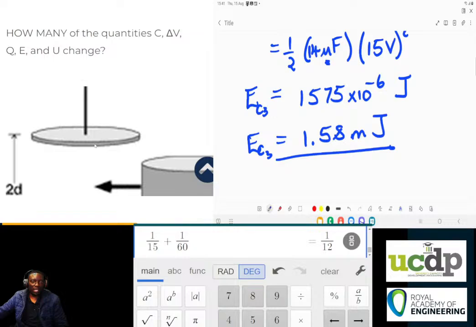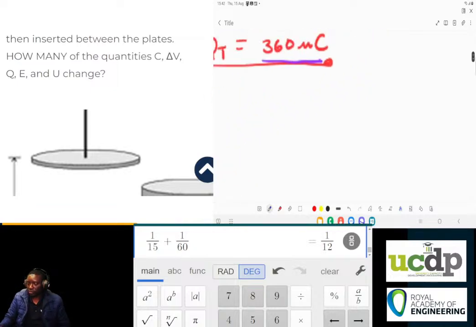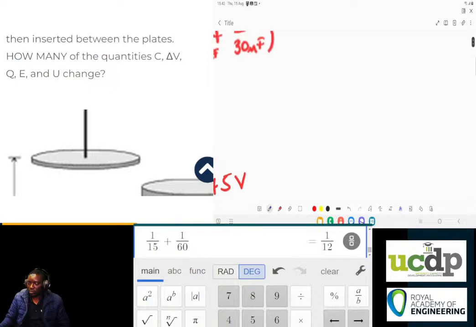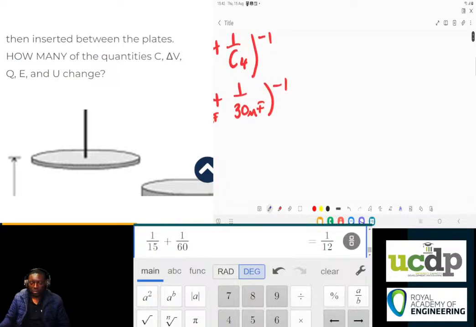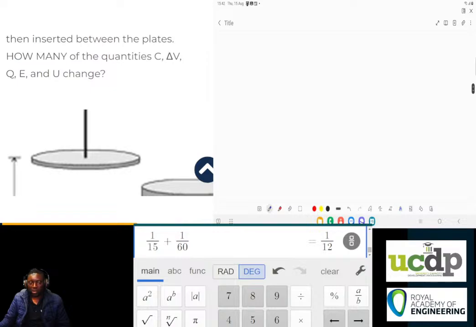What is C? What is delta V? What is Q? What is E and U? I think that is also equally important. What are those quantities? We have the capacitance, the voltage, the charge, the electric field, and the energy. Very good.